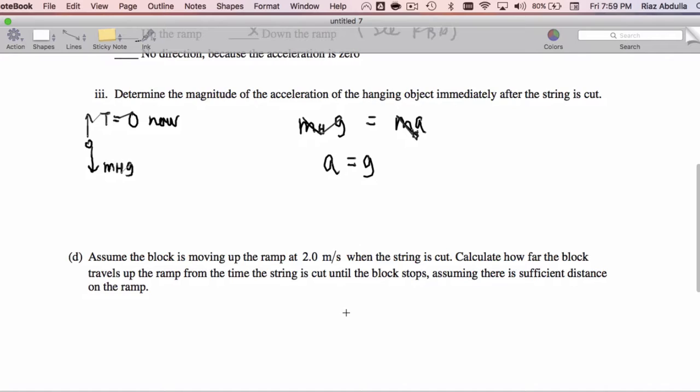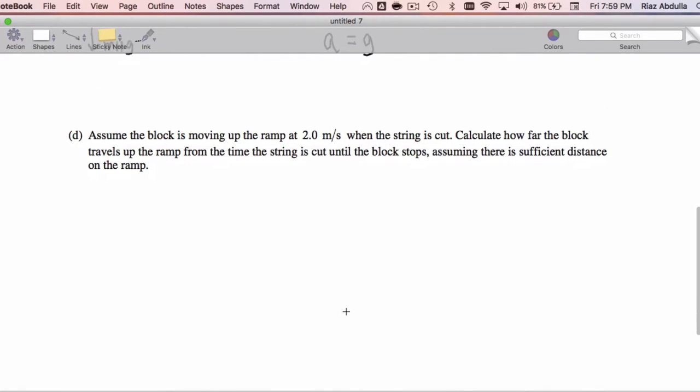All right. Now it says, assume the block is moving up the ramp at 2 meters per second when the string is cut. Calculate how far the block travels up the ramp from the time the string is cut until the block stops, assuming there's sufficient distance on the ramp. There's a couple ways to do this. I'm going to do the following. I'm just going to basically say v squared is v naught squared plus 2 times a times x, which is the distance up the ramp.